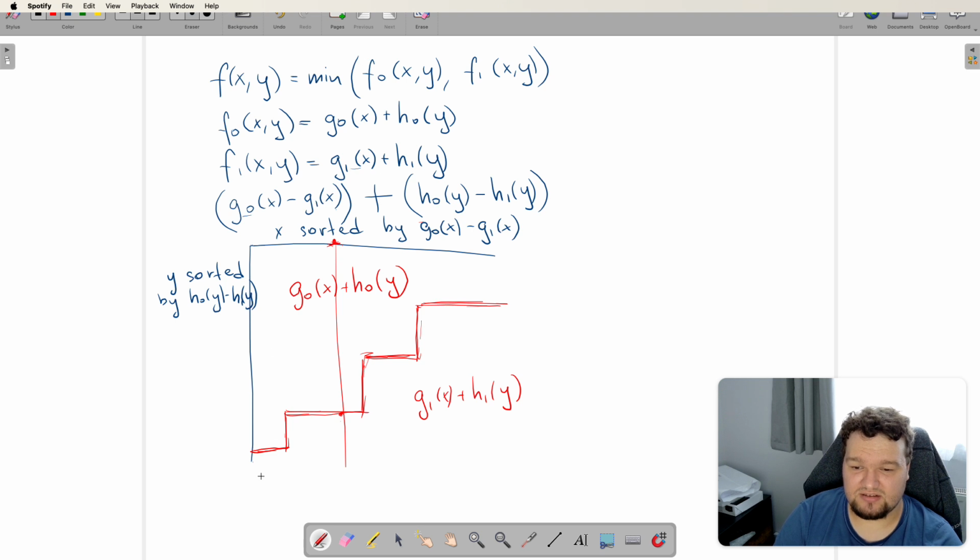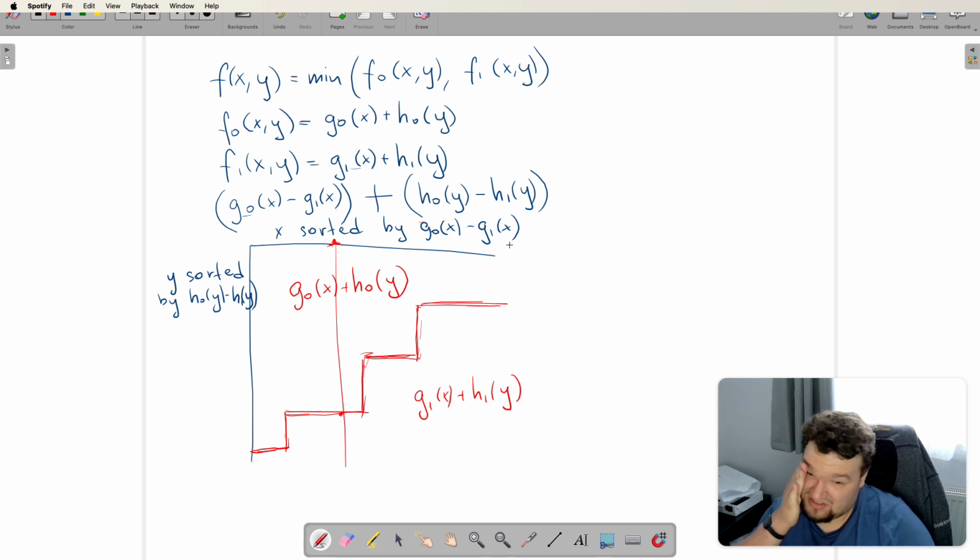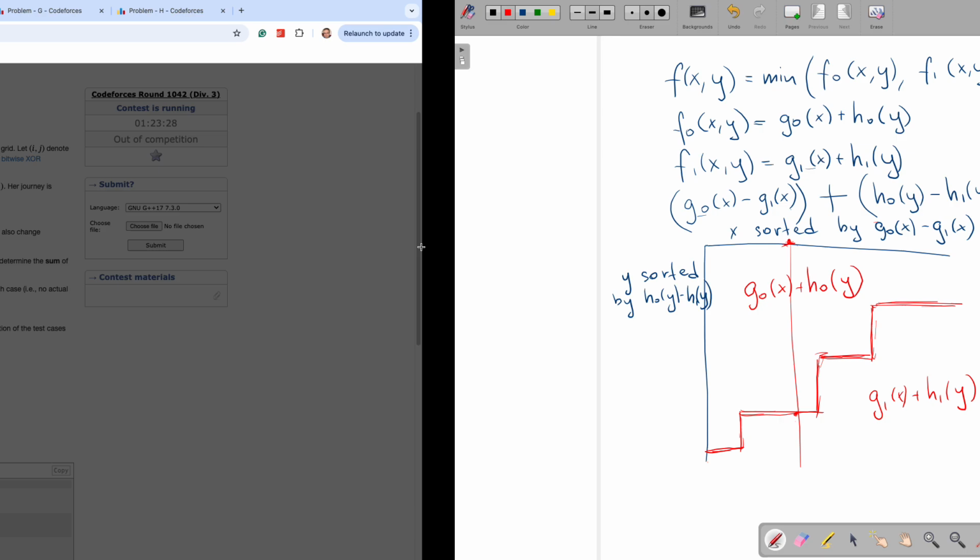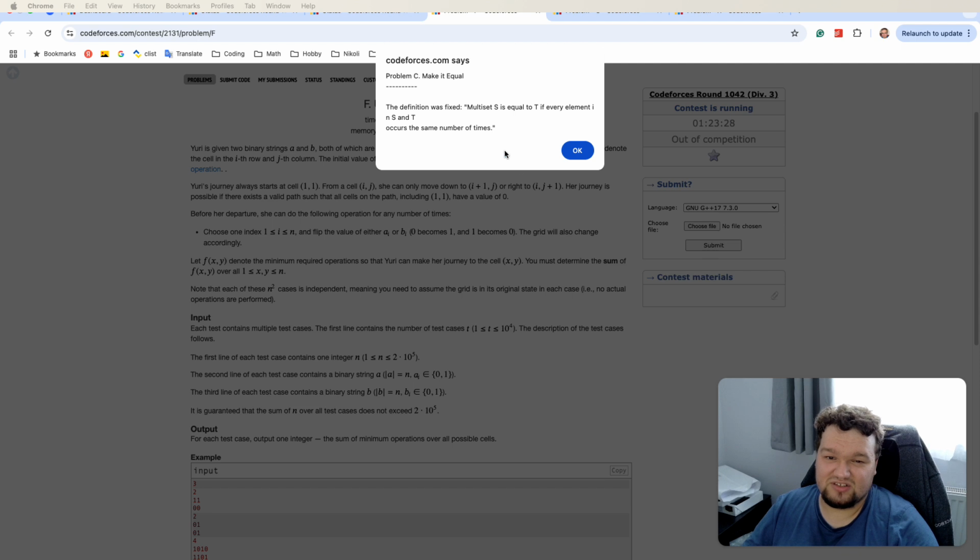So yeah, that part is actually not very easy, and the idea of sorting by difference is, well, a standard thing, but I'm assuming that it's not very easy to come up with on your own.